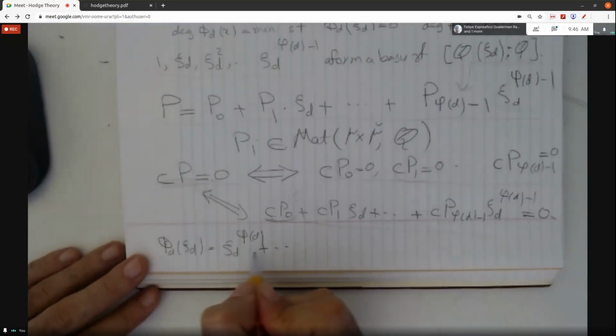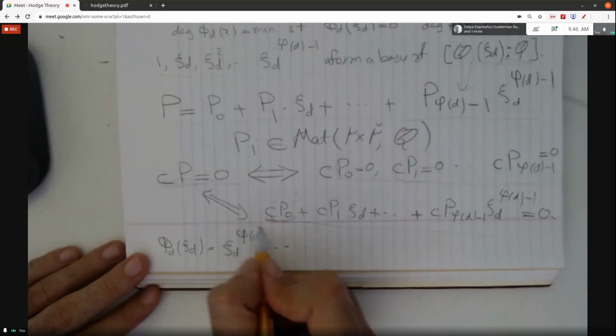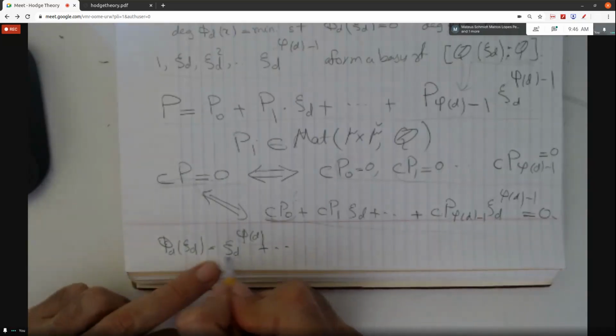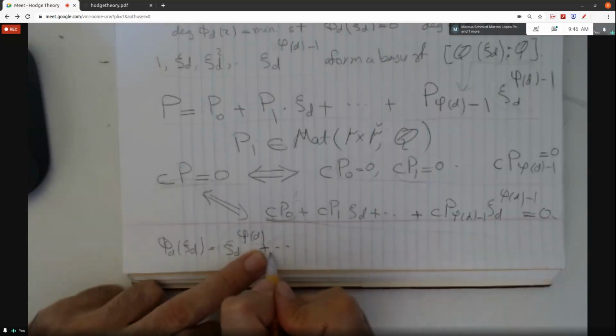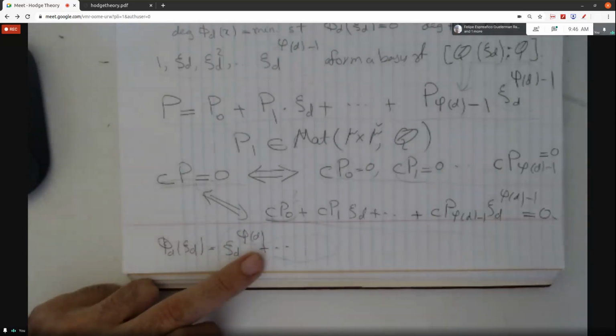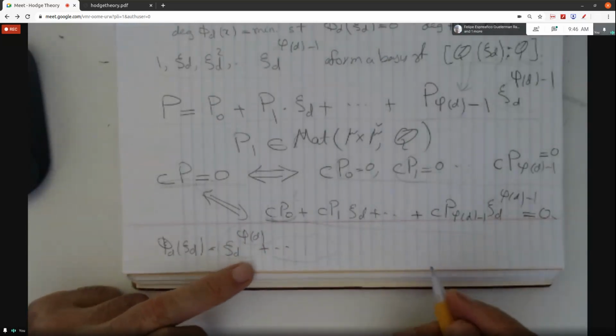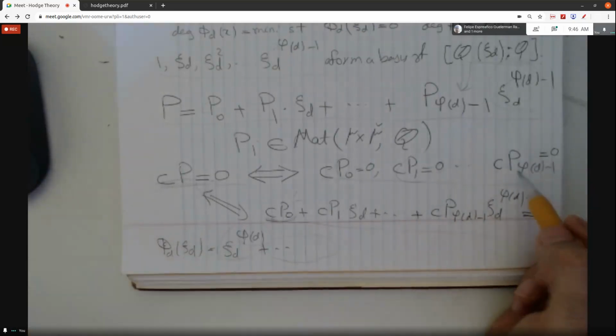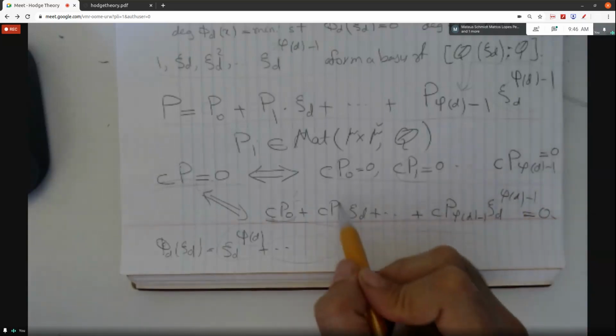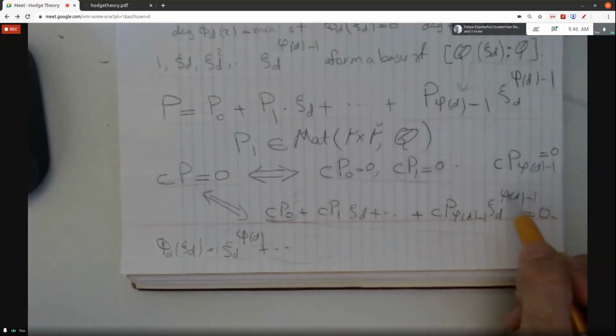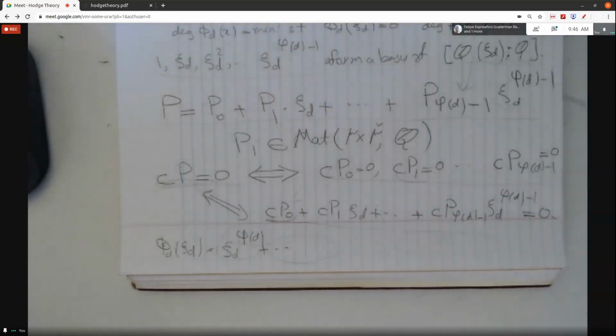What this means is, whenever I see a power of zeta_d bigger than phi_d, I just replace this guy with these rest terms here, and each time I reduce the power of zeta_d until reaching a point such that I have only power 0, power 1, up to power phi_d minus 1. Okay, I see.